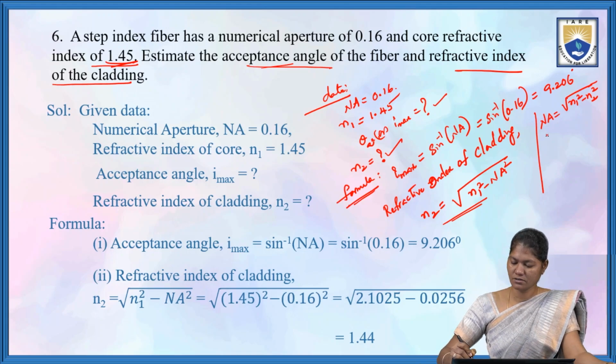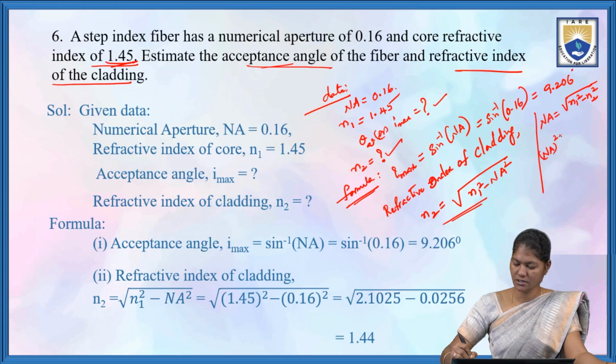Squaring both sides, NA square is equal to N1 square minus N2 square. From this, NA square minus N1 square is equal to minus N2 square.